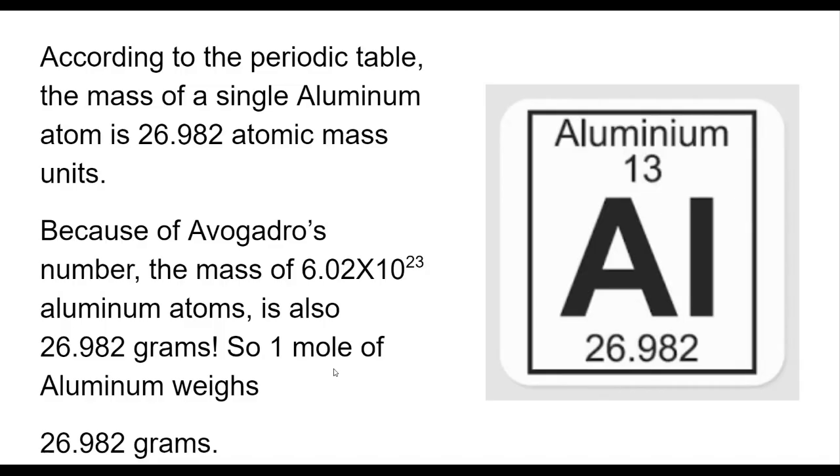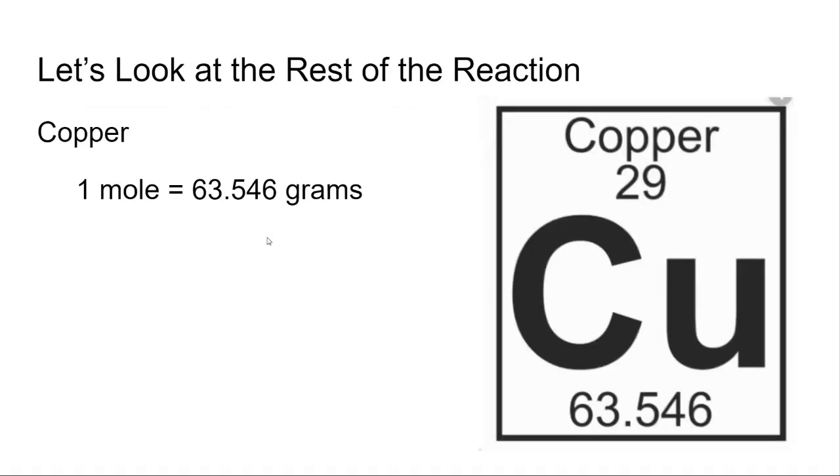So what do I do with this information? That's a really good question. First thing you're going to do, even in your quiz, is practice assigning mass to a mole of each element. So a mole of copper atoms will weigh the same as the mass on the periodic table, which is 63.546 grams.